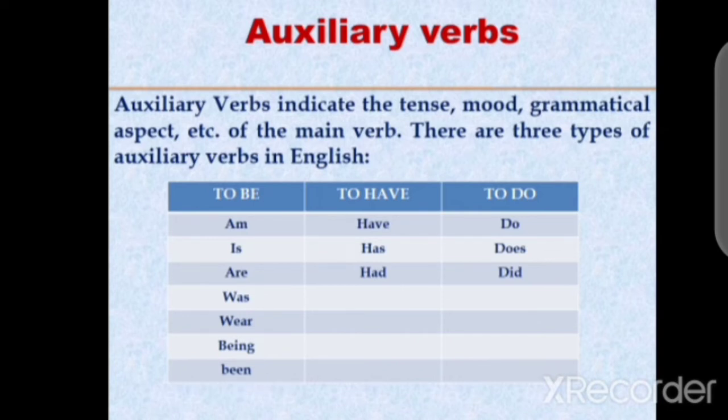Second verb is to have. Its main forms are have, has and had. Has and have are both used in the present tense and had is used in the past tense. The third auxiliary verb is to do, and the main forms of the verb to do are do, does and did.